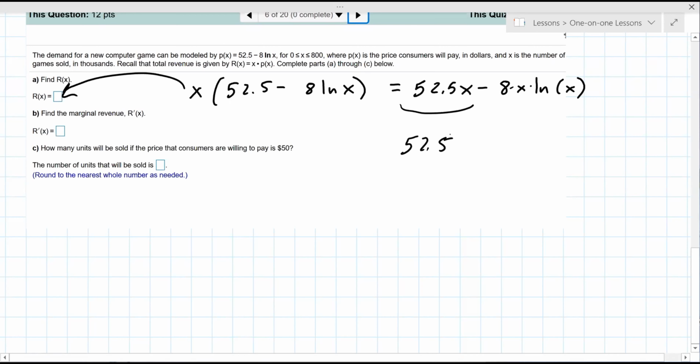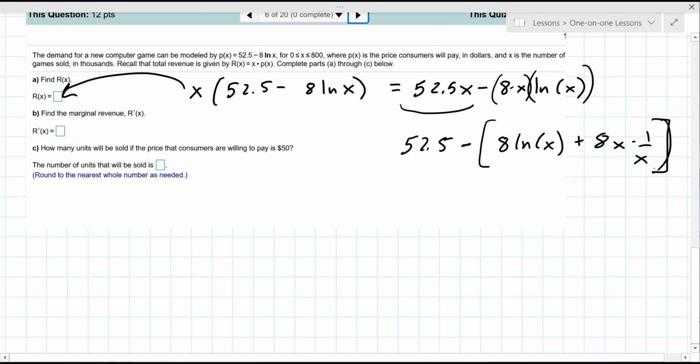For the second one, it's product rule. What's the derivative of 8x? Just 8. Then you keep the second one, plus keep the first one times the derivative. What's the derivative of natural log of x? It's 1 over x.